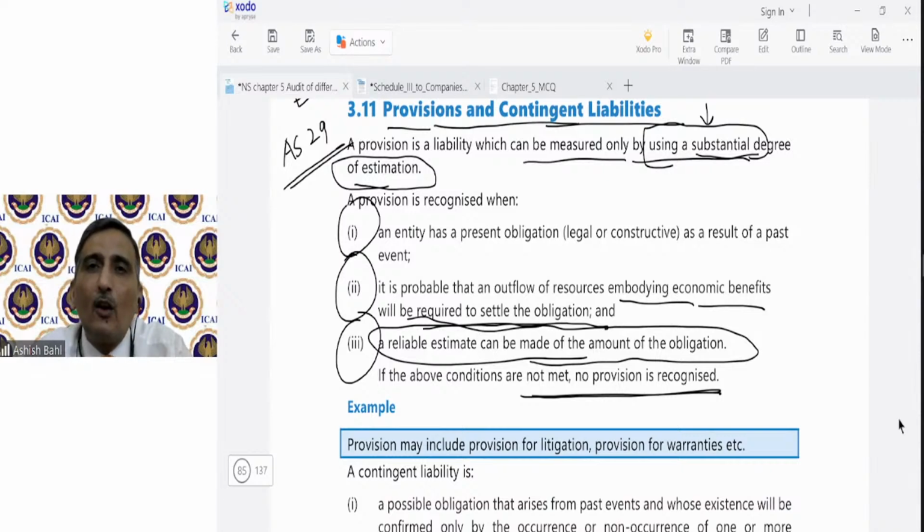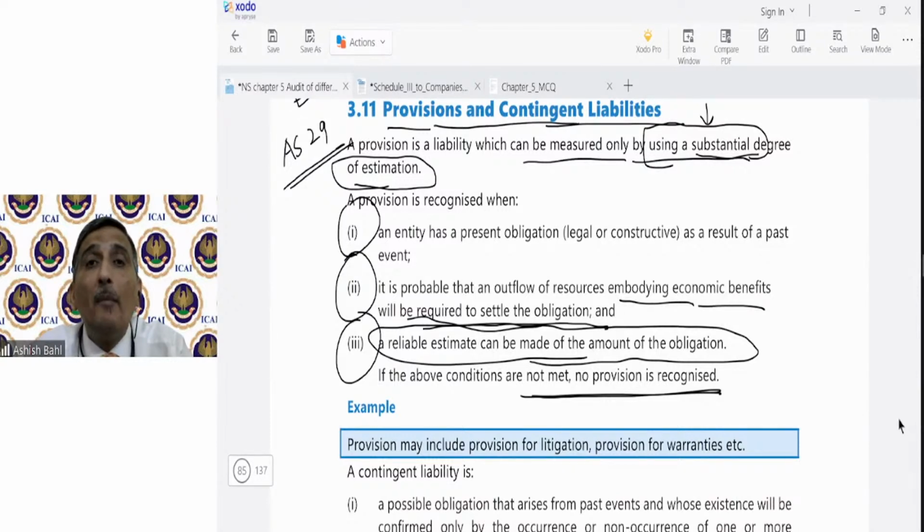Now the case is going on in the court. The company's lawyers advise the company that the case would be settled in favor of the company, that there would be no obligation to pay the money. Okay, so would you then recognize this future payment as a provision?